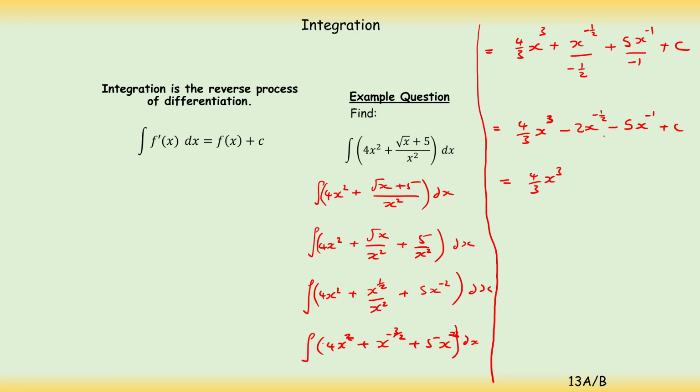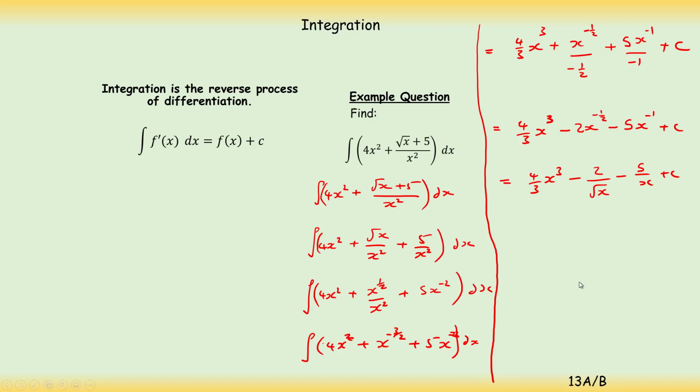I'm quite happy with that, but because we started using this square root symbol, then we can say that's equal to minus 2 over square root of x minus 5 over x plus c. Okay. So term by term integration. Don't forget your constant.